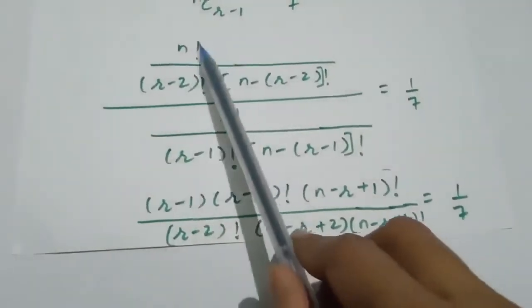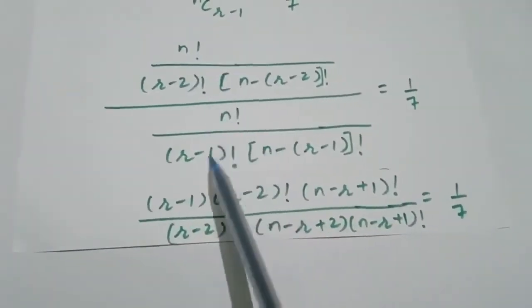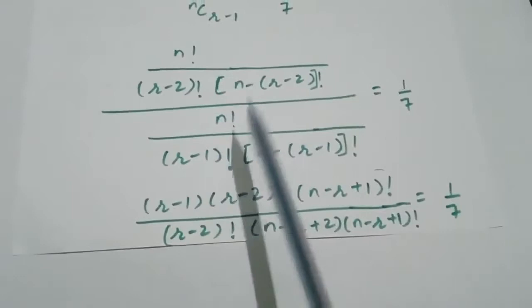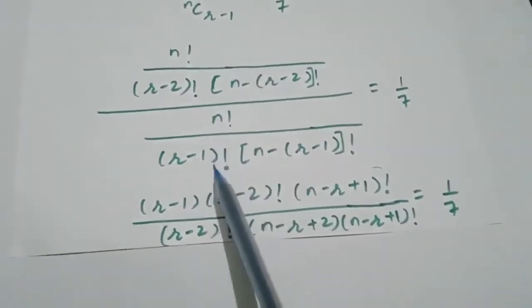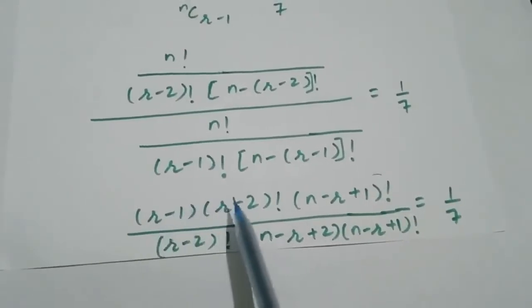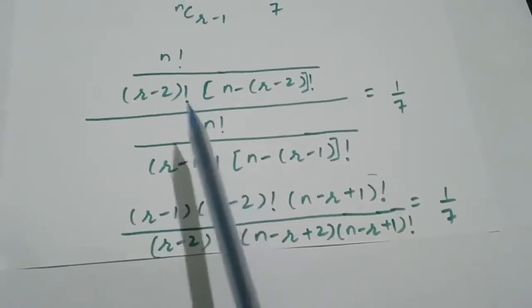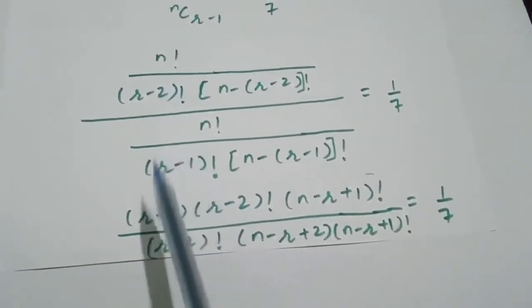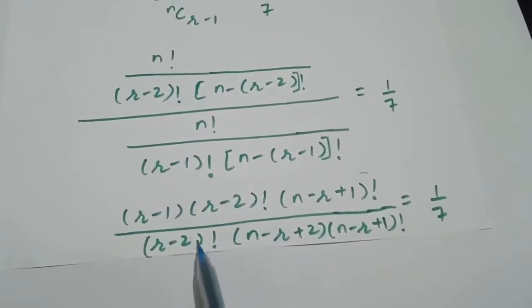Now cancel this n factorial with this n factorial. Also this part will go in the numerator. Writing this (r minus 1) factorial as (r minus 1) into (r minus 2) factorial, because in the denominator now we will have (r minus 2) factorial.